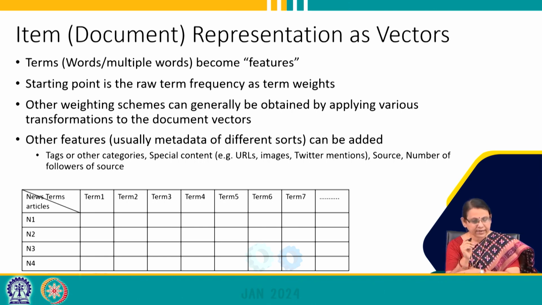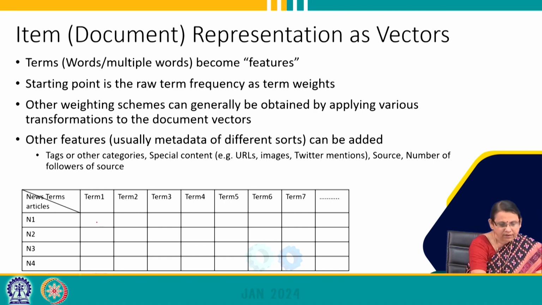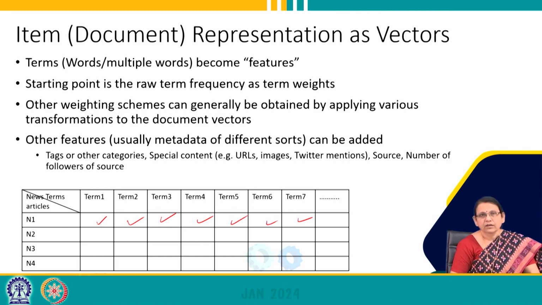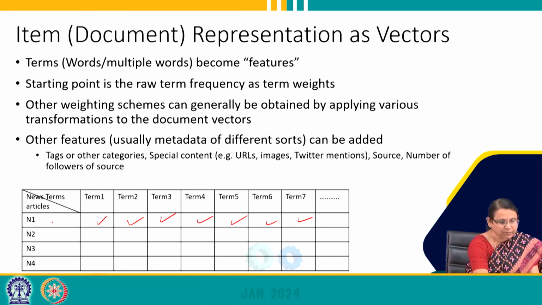Whatever may be the case, right now we consider all of them as the features or the terms. So, now you will have such terms representing one document. Let us say these are my news articles. So, these will be my terms.